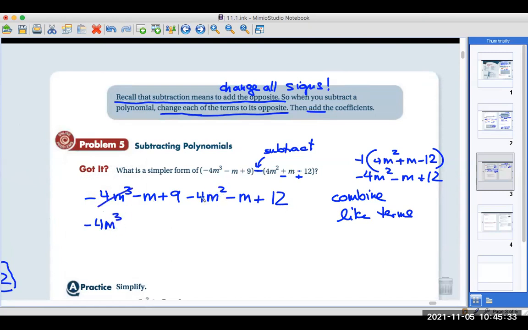M squared is the next. We're writing in descending order or standard form. There's nobody for m squared, so I recopy it. Make sure your sign stays in front of the number. Then let's look at the m's. I have 2. And then +9 + 12 is +21. And there's our answer.